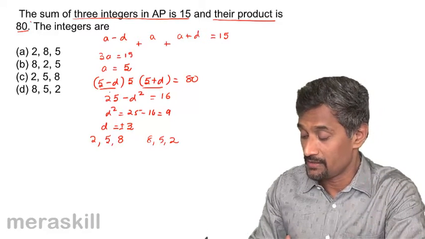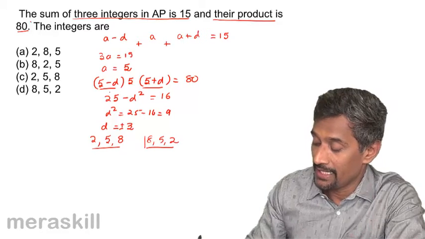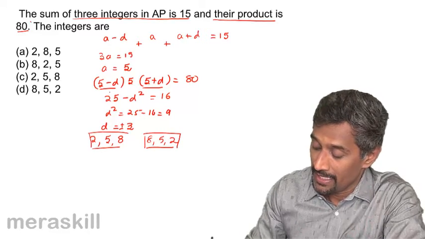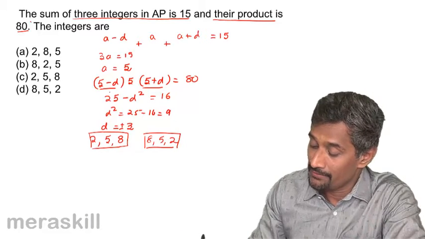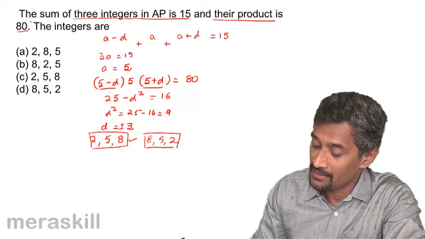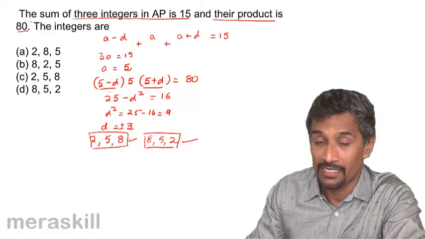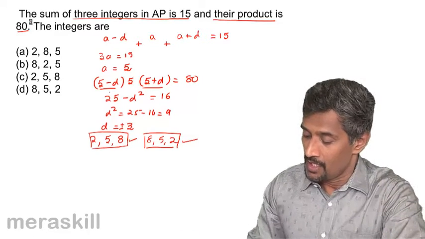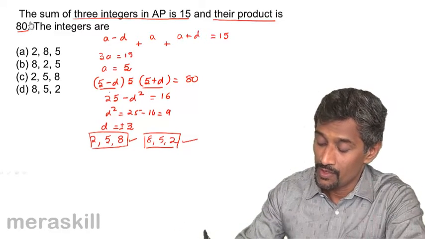If you take d as minus 3, you could even get it as 8, 5, 2. Even this is in arithmetic progression. So among these values, you have 2, 5 and 8, as well as 8, 5 and 2, both as valid answers. So we have two options, both 258 and 852.